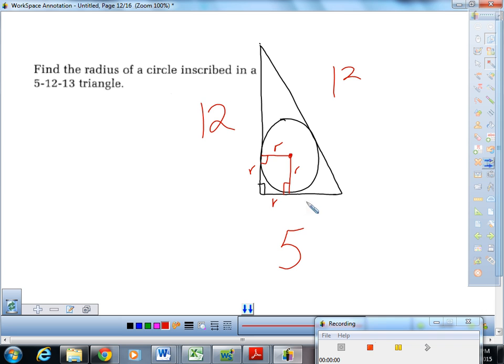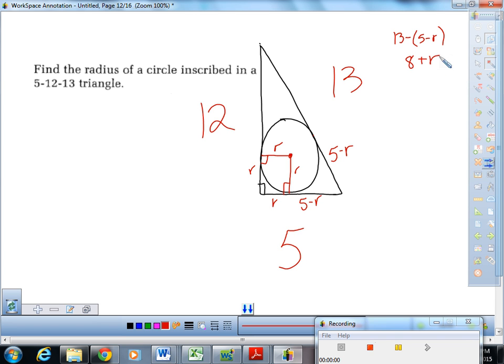So what will I call this little section down here? That'll be 5 minus r. So what's this? 5 minus r. Now, this whole thing is 13, so what is this portion? 13 minus, and don't forget your parentheses, and that is 8 plus r.